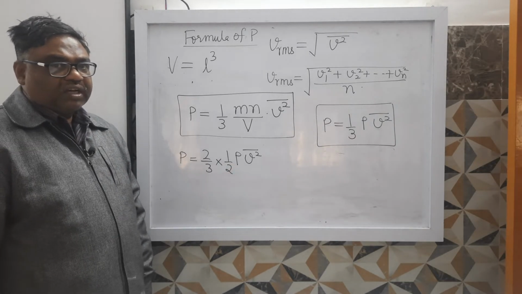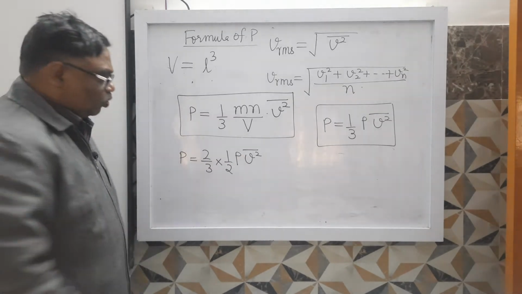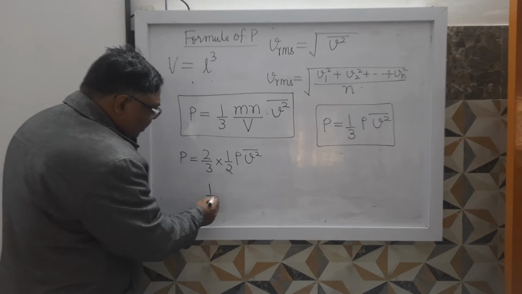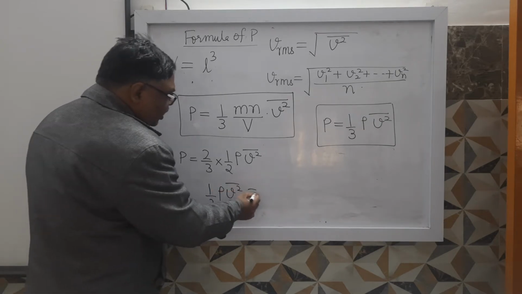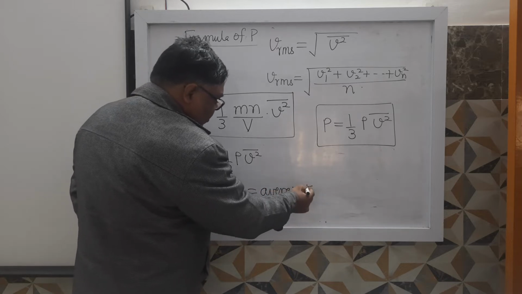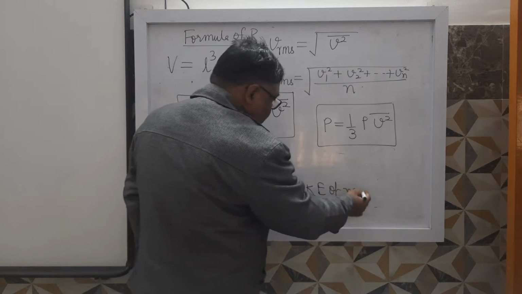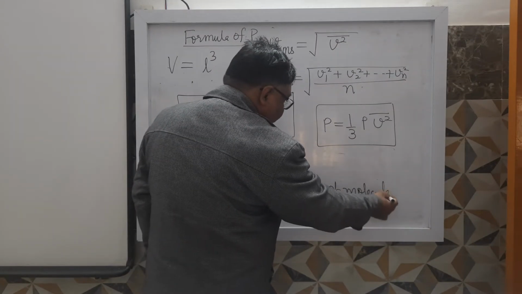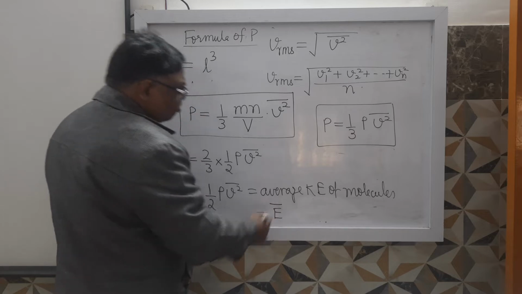It is clear? V square bar is the average velocity of molecules. So we call 1 upon 2 rho V square bar the average kinetic energy of molecules, that is, it will be equal to E bar.